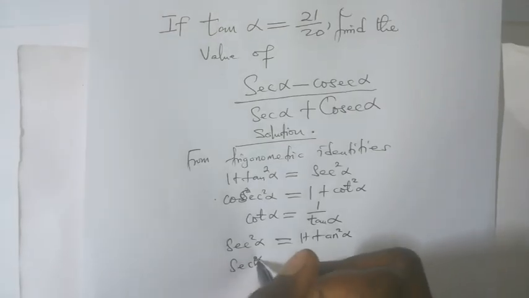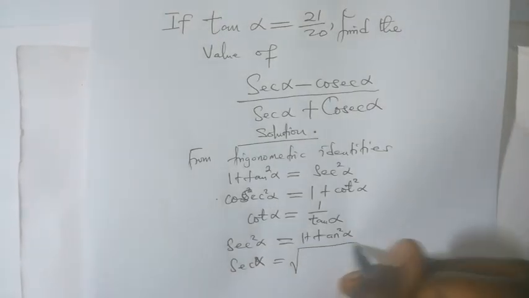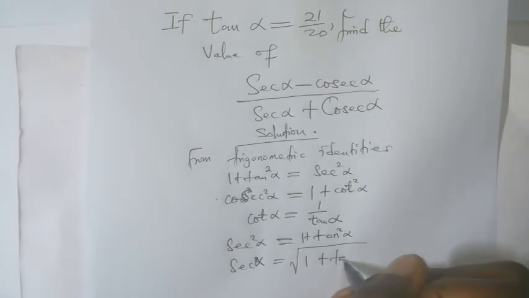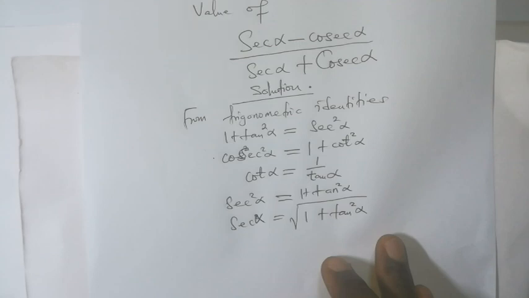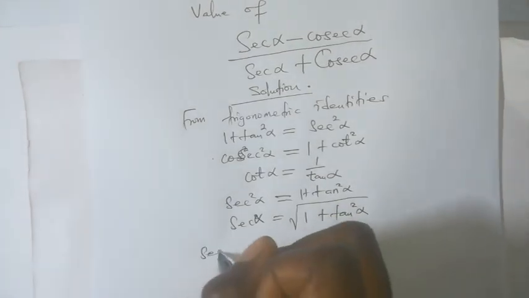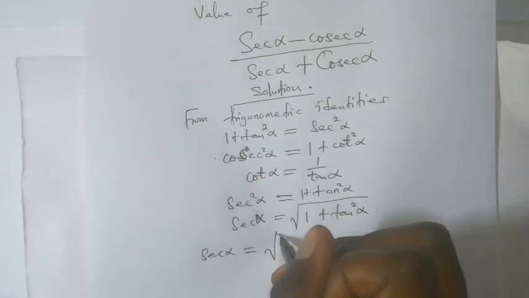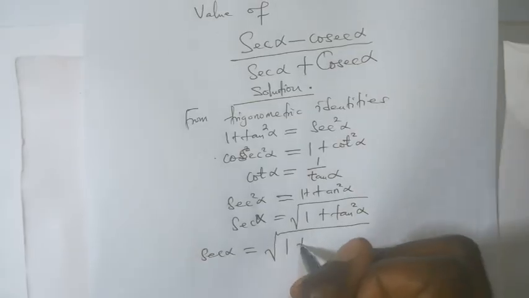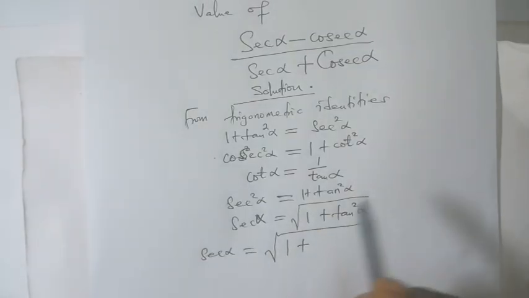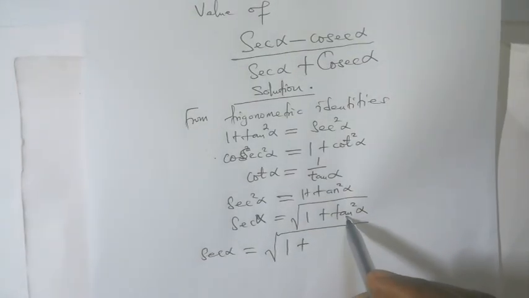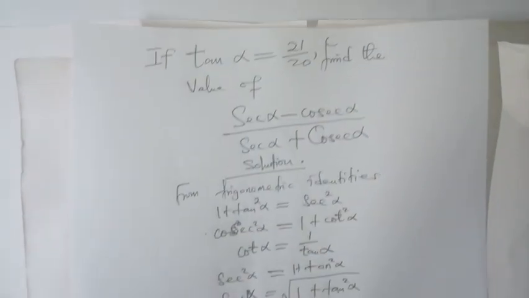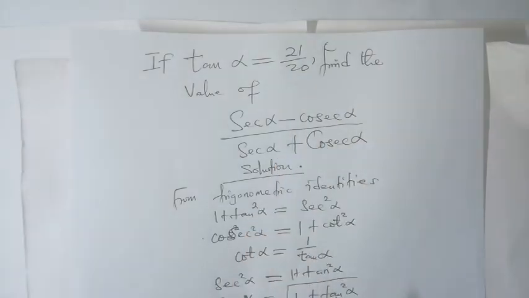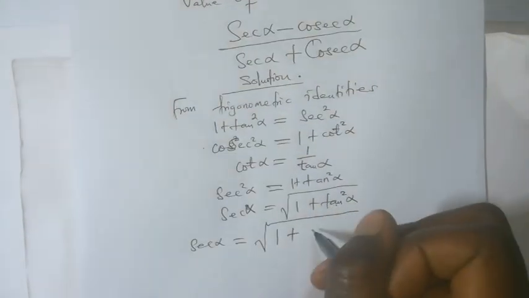Sec alpha is the square root of 1 plus tan square alpha. Sec alpha is the square root of 1 plus, and our tan alpha from the question is 21 over 20.